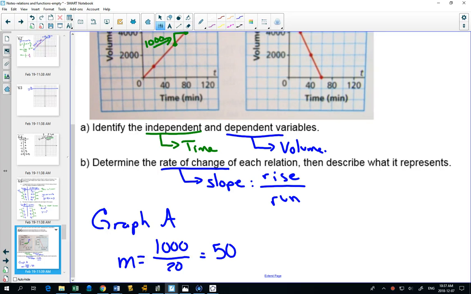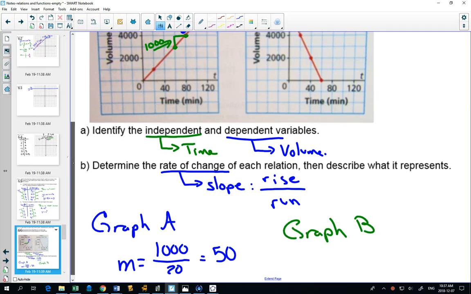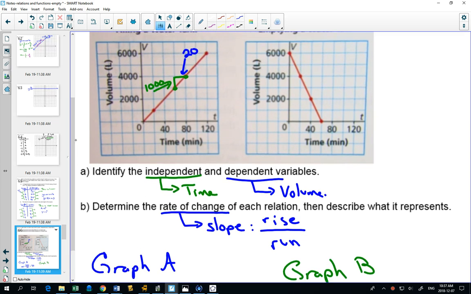For graph B, we take 2 points, go from this one to this one. What's happening on my rise this time? It's going down. So I'm going from 4,000 to 2,000.